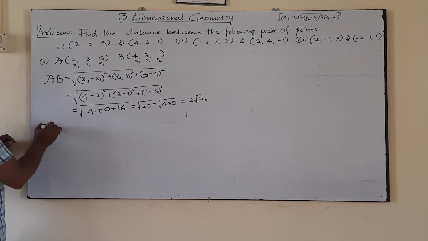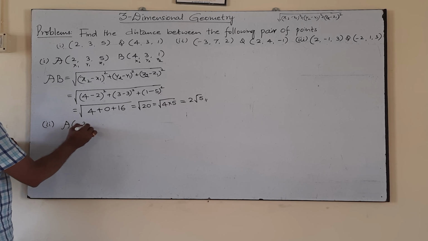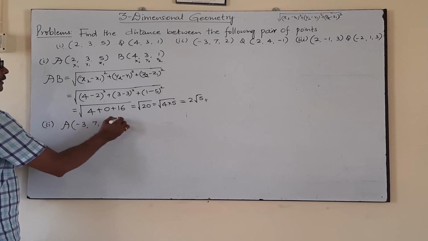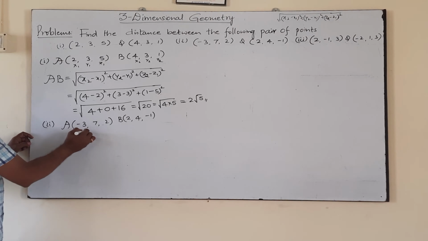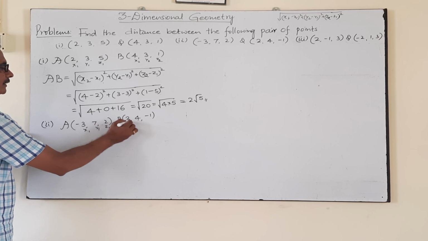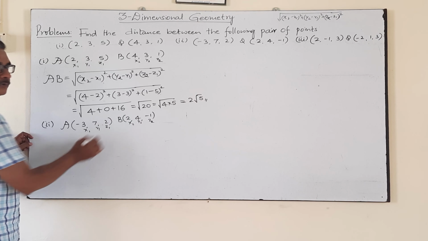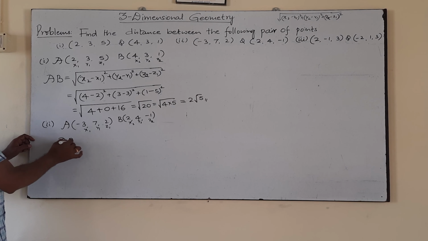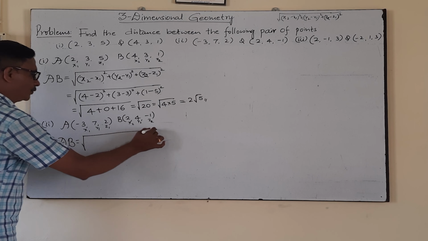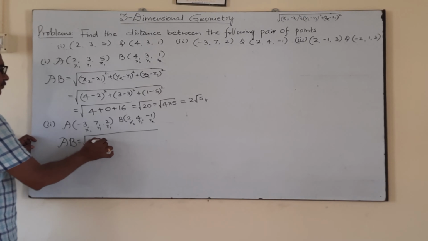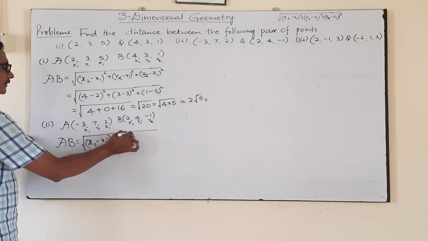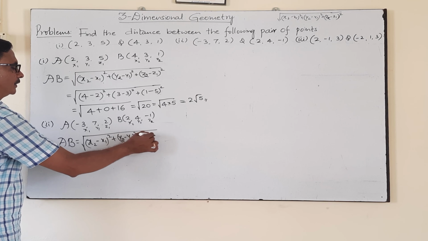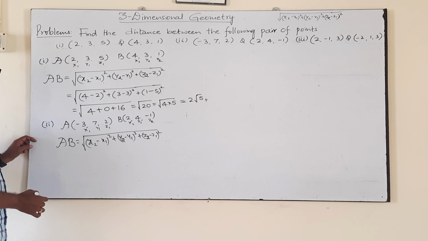Okay. Similarly, second one, same method. A is the point (minus 3, 7, 2), B is the point (2, 4, minus 1). Call it x1, y1, z1 and here x2, y2, z2. Then the distance formula: AB is equal to under root of (x2 minus x1) to the power of 2 plus (y2 minus y1) to the power of 2 plus (z2 minus z1) to the power of 2.